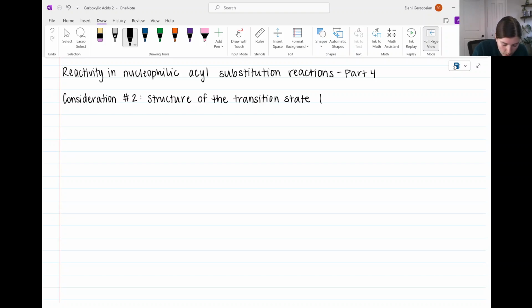We're going to approximate the energy of the transition state by considering the structure of the tetrahedral intermediate.